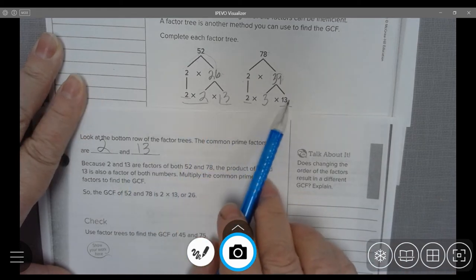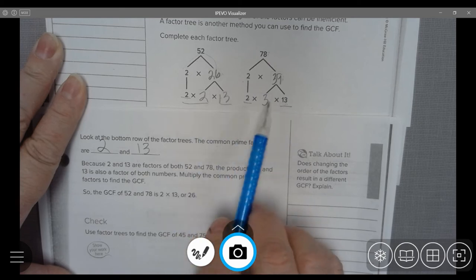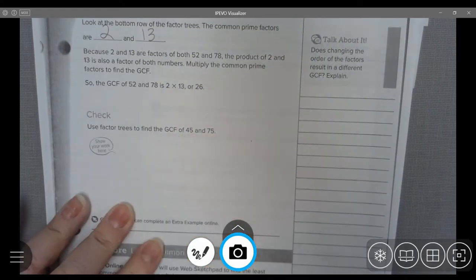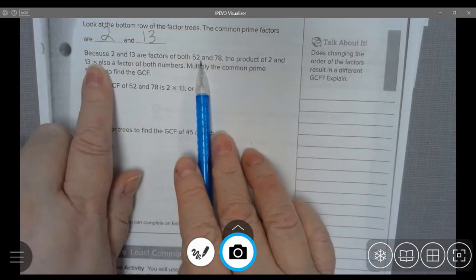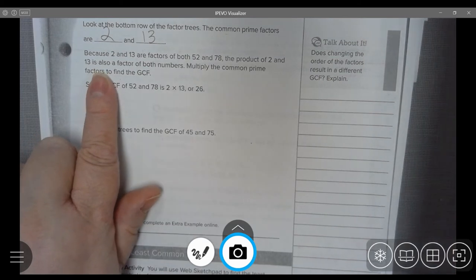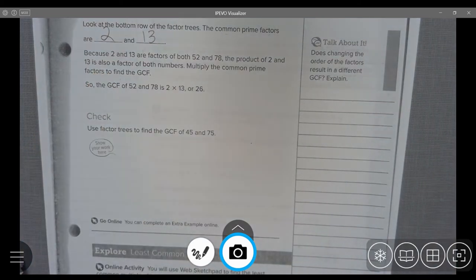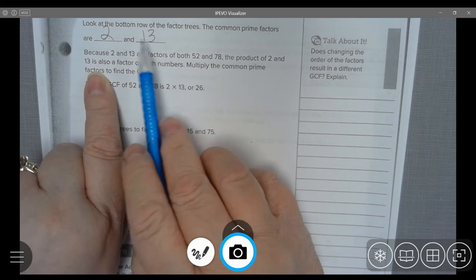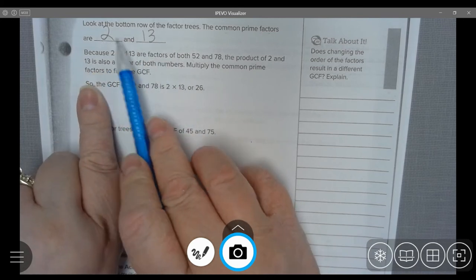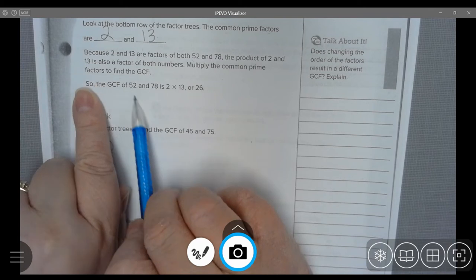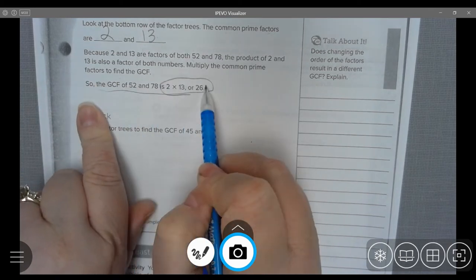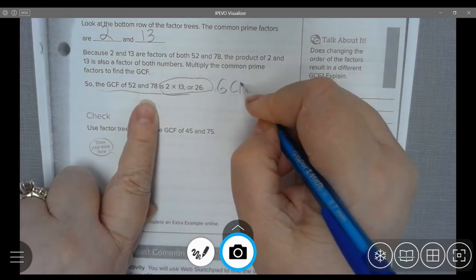2 and 13 are common in each of those numbers. Now, because 2 and 13 are factors of both 52 and 78, the product of 2 and 13 is also a factor of both numbers. So that seems a little strange, but what they're saying is when you find the prime numbers that are common in both numbers, you can take those two numbers and multiply them together to come up with the greatest common factor.